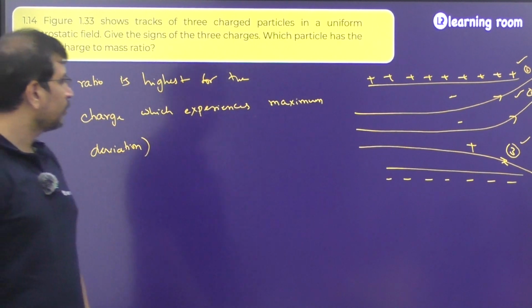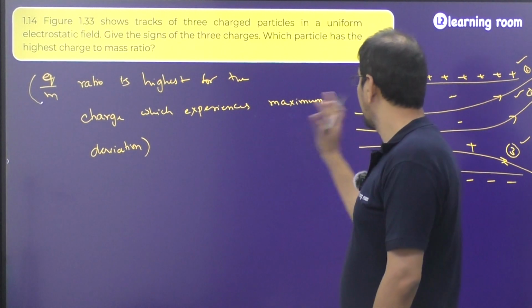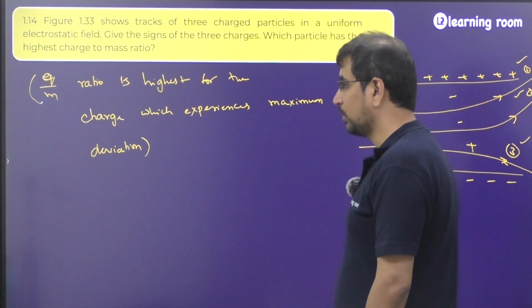So Q by M ratio is the highest for the charges which experience maximum deviation. Which one is experiencing maximum deviation is what the question is.